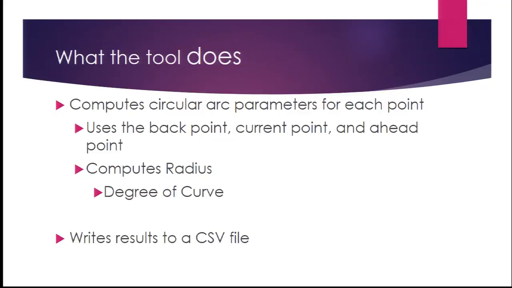The ArcGIS Toolbox tool uses the points and computes the radius and degree of curve and some of the other values for those 3 points as they lay out a circular arc. And it writes the results to a CSV file, and then you can work with that data from the CSV file.